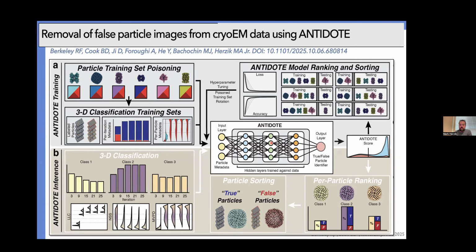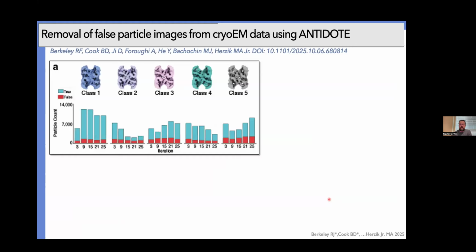And then through this neural network, it gives a ranking of percent true or percent false on a per class basis. And then what you can do is instead of picking each class on their own, you pick the good particles regardless of what class they came from. And so what we see is, let's take aldolase, for example.